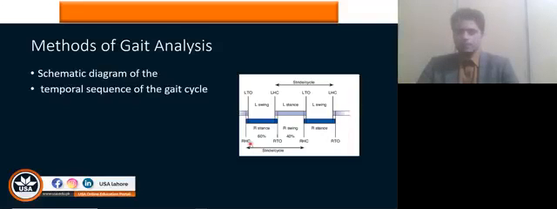Now the accelerometers that I talked to you about are attached to the body segments of interest for the direct measurements of segmental acceleration, from which segmental velocities and displacements are derived. So these accelerometers are used for this reason. Another technique which is also used in analysis of gait is optoelectronic techniques.